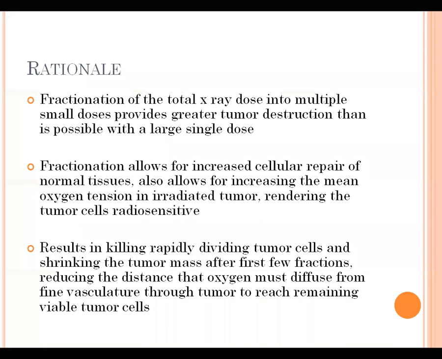So fractionation allows for increased cell repair in the normal tissue and also allows for increasing the oxygen tension in irradiated tumors, rendering the tumors radiosensitive. So the fractionation of the total dose is important. It reduces the cell destruction and results in improvement of healing.